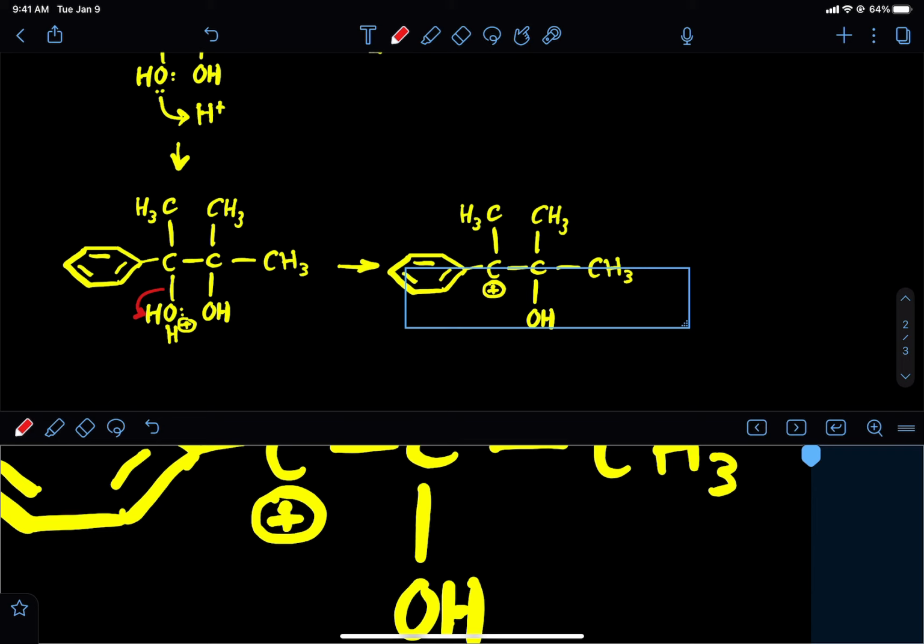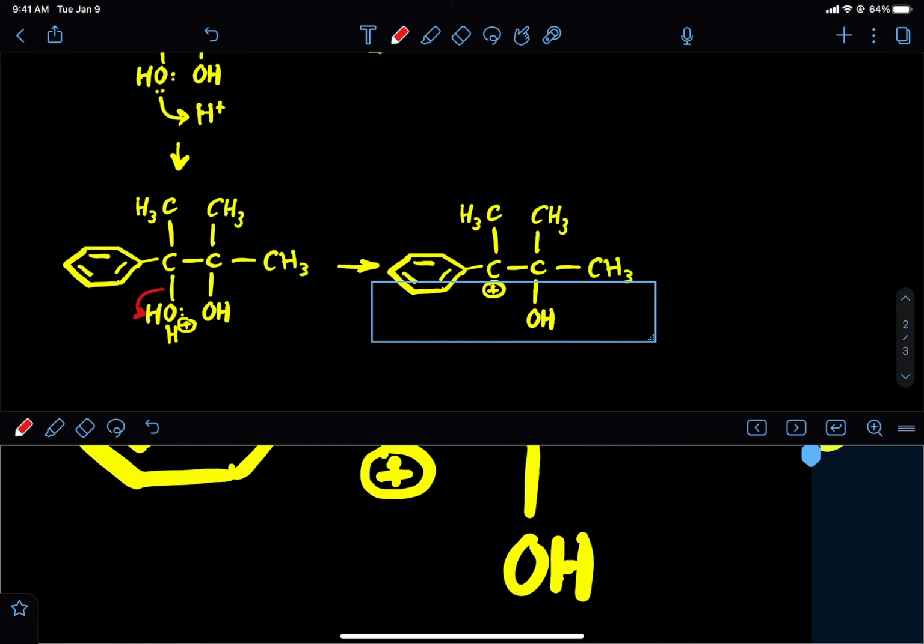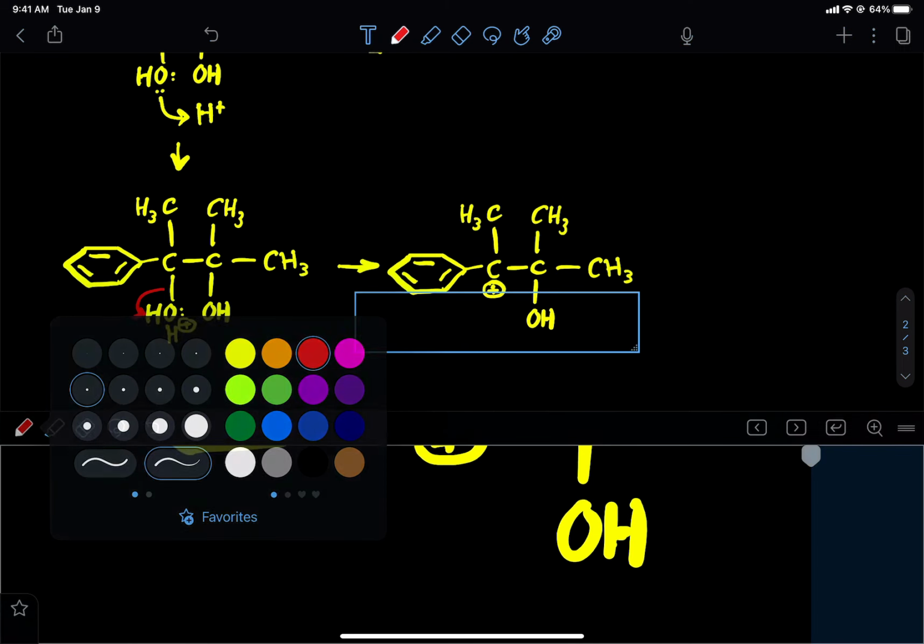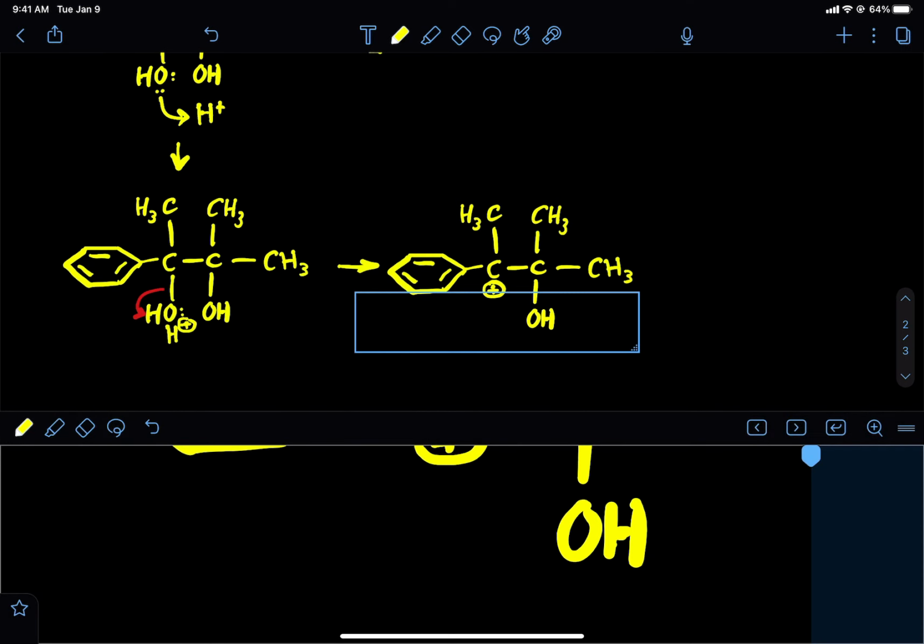But notably, there's also nothing else that can really happen. What else do we have? We've got water floating around. We've got HSO4 minus floating around. And at this point, essentially nothing can proceed. What might happen, as I mentioned before, because this carbocation won't rearrange, it's just going to sit there.